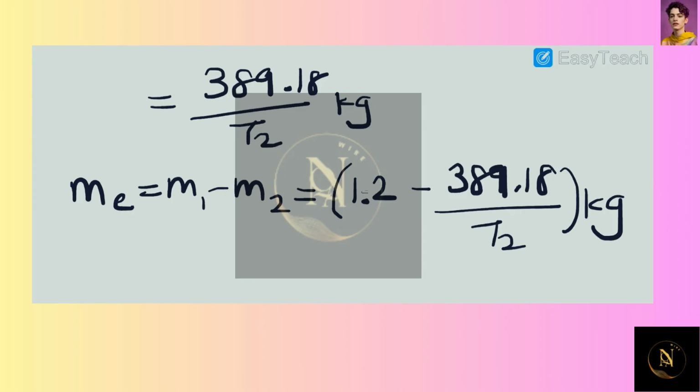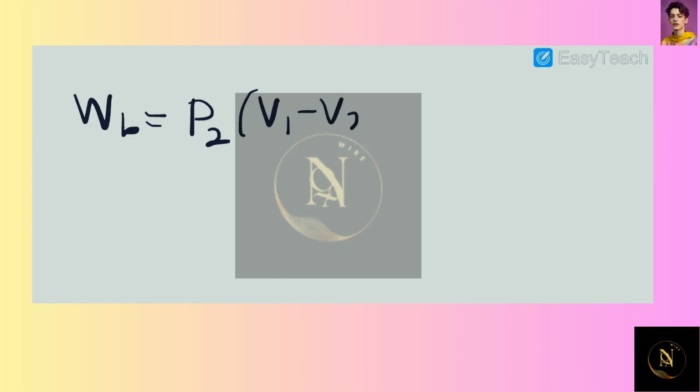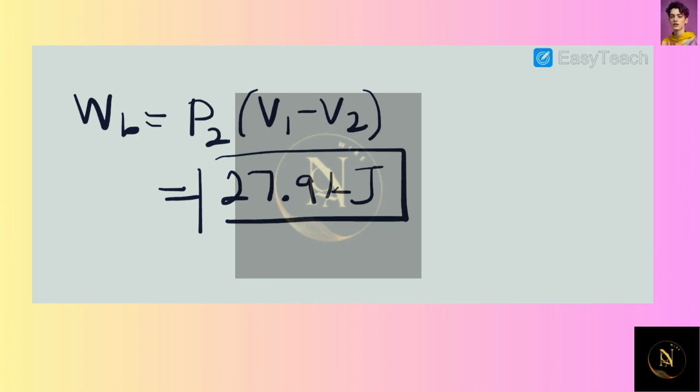Now what we can do is solve for the boundary work. We can say that Wb is equal to P2 times (V1 minus V2), and this is equal to 27.9 kilojoules. This is actually one part of our answer. Next, we can substitute all of these terms, either in terms of T2 or their numerical value, into our energy balance equation.